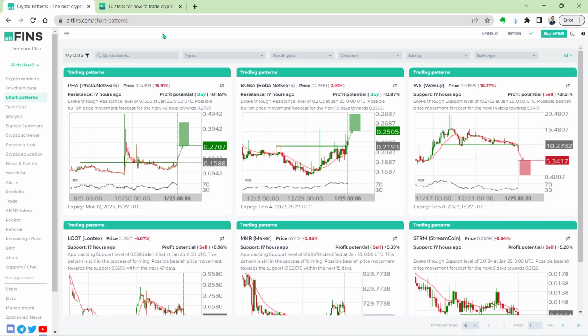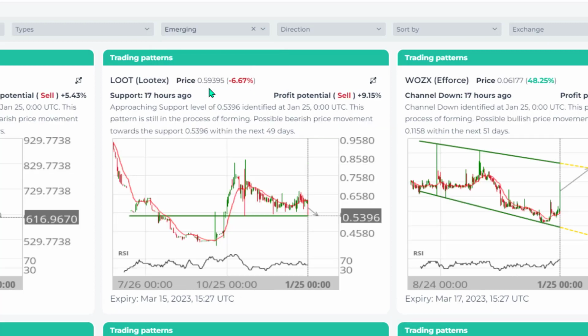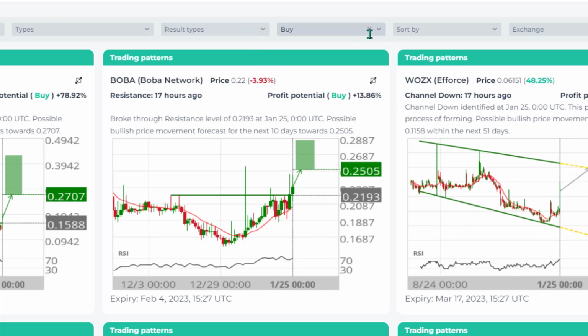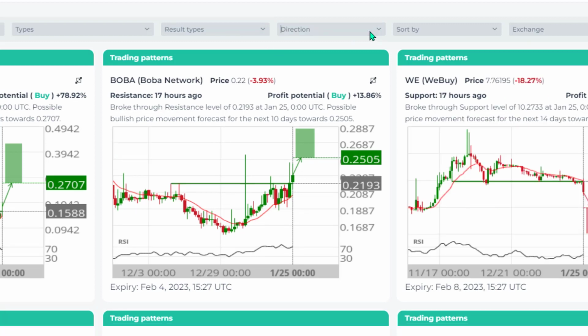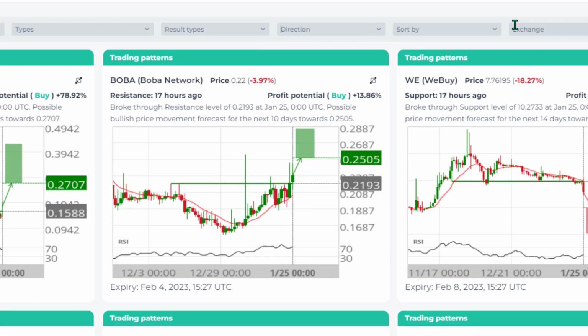So getting back to the inverse head and shoulders, first of all, you can also sort these chart patterns by whether you want just breakouts or also patterns that are just emerging but also are tradable, or whether you want patterns that are just buy, or going long, or bullish chart patterns, or perhaps if you want to short, then bearish chart patterns as well.